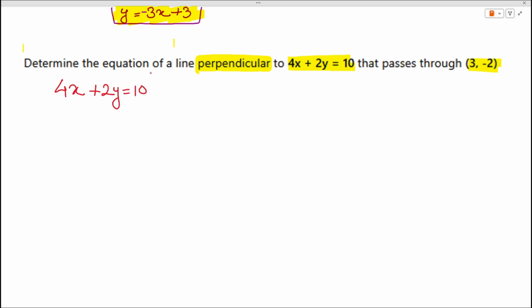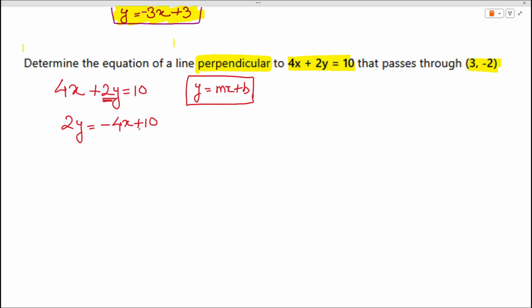Now, before doing anything else, we need to have this equation in the form of y is equal to mx plus b. To do that, we are going to isolate for y. So 4x on the other side goes as negative 4x. So we have 2y is equal to negative 4x plus 10.